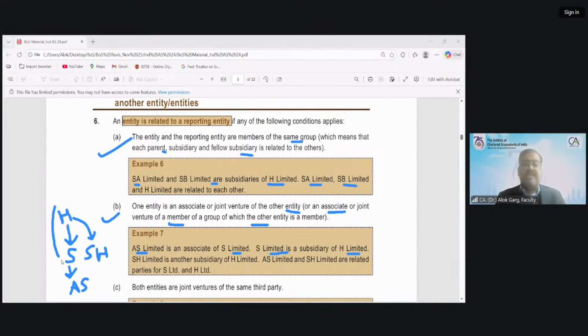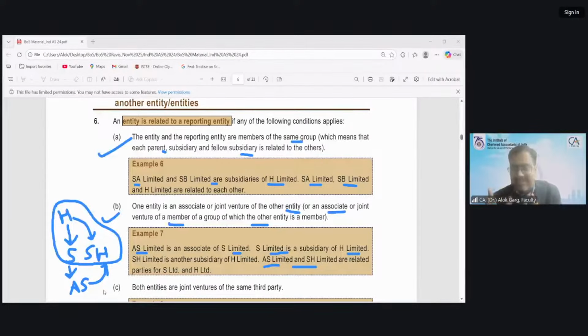And H, S, and SH, all these three form a group. They are related to each other, right? So in this case, AS Limited and SH Limited. This AS Limited is not an associate of SH, but it is a related party of SH. Why?